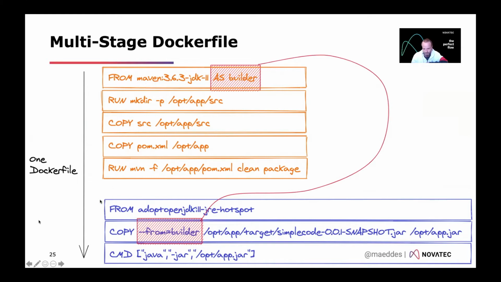And then you have a separate stage in that file where you start from scratch with a new image and copy the result of the previous build stage. This way you can separate the two steps completely from each other. And in the end, you come up with a fairly clean image that contains your code that you built in a standardized build step just before.